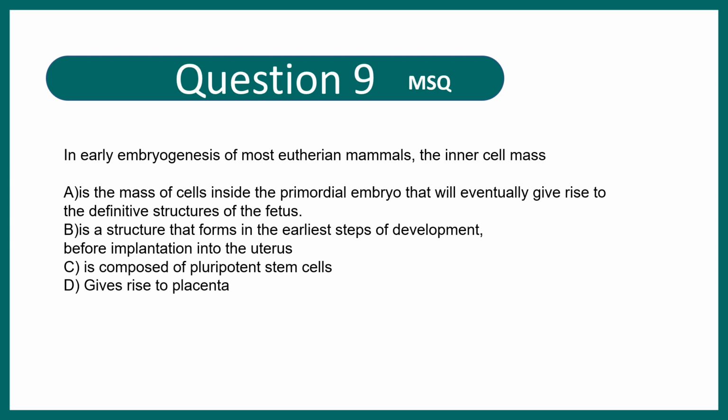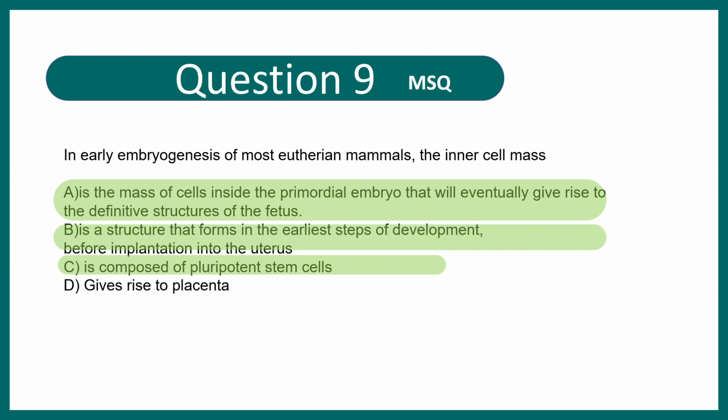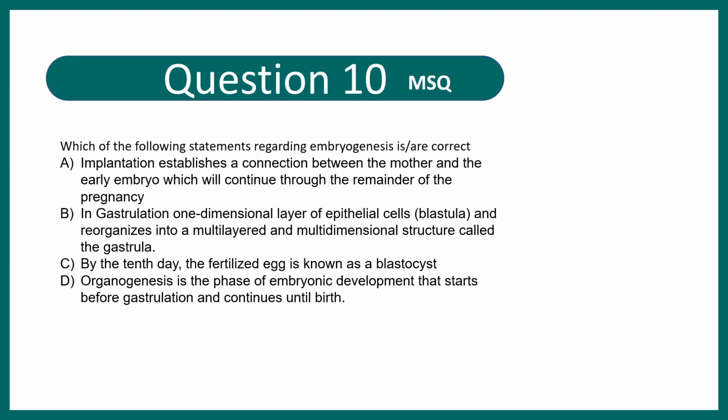The inner cell mass is a structure that forms in the earliest steps of development before implantation into the uterus, is composed of pluripotent stem cells, and gives rise to the placenta. So here you have to choose all the correct statements, and if you have chosen correctly, here is your answer. A, B, C are correct, but it doesn't give rise to placenta, so this is incorrect.